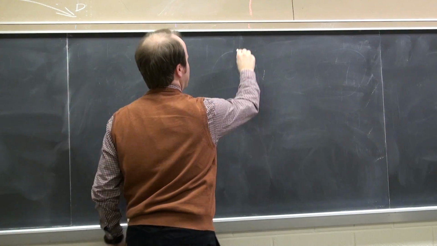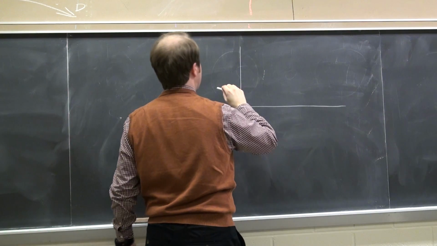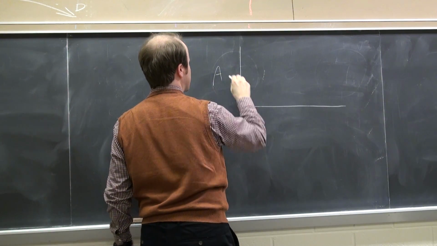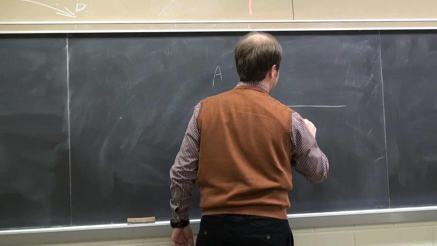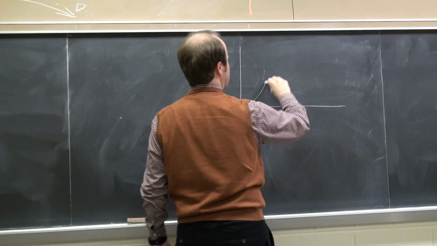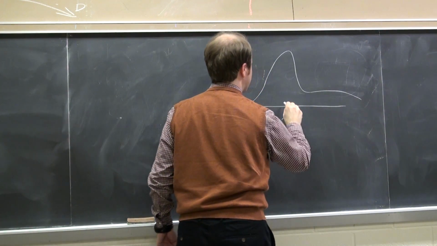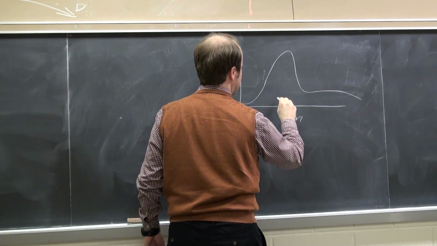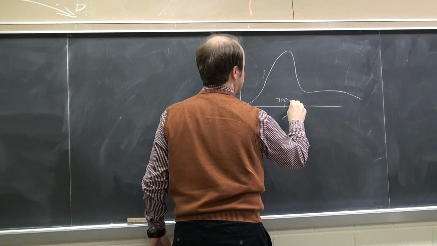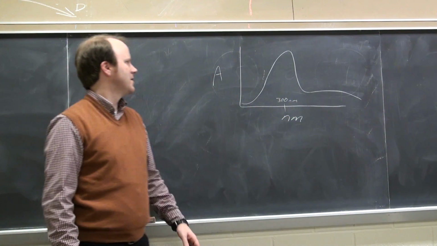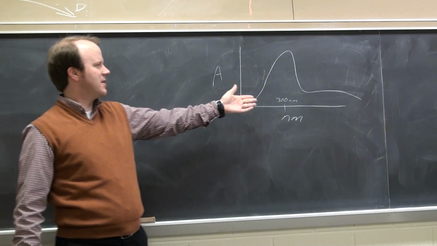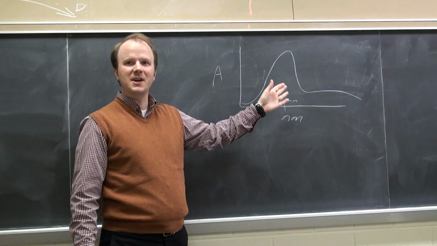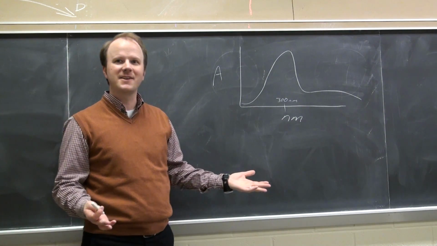So let's say you have absorption, you have UV vis wavelength, and you have a compound like this, right? And this is 300 nanometers. So this compound has a strong absorbance at 300 nanometers. How do we know that?